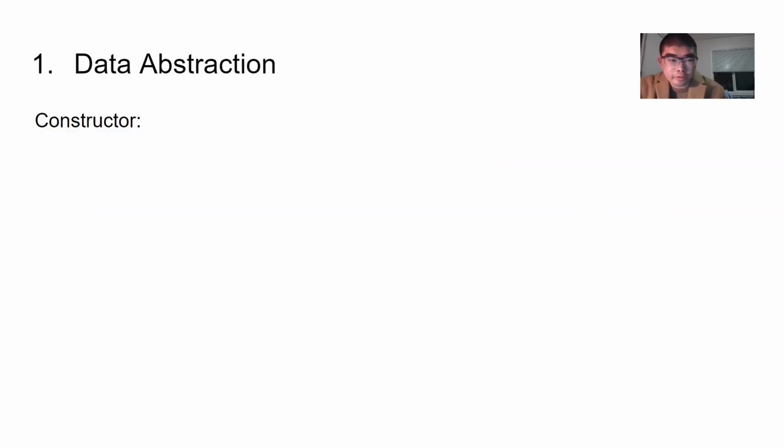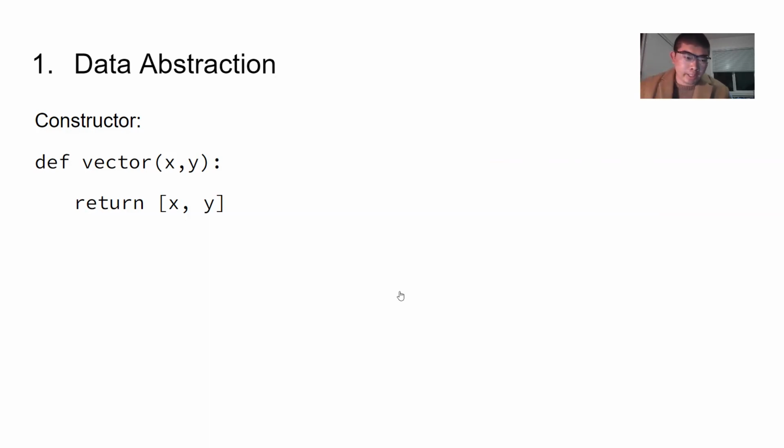Okay, the constructor. For the vector, I would define vector(x, y). x is the distance from the origin on the x-axis, and y is the distance from the origin on the y-axis. I will store a list and return x and y. You can say this is the logic of storing the data, but you can also pretend you don't know it, because we don't actually use the list directly; we instead use the function vector.